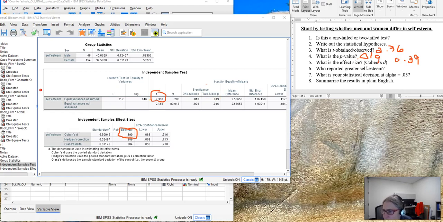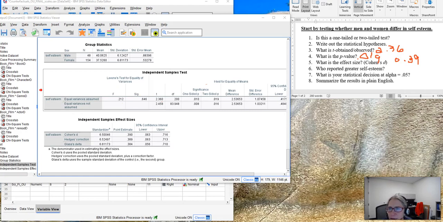Finally, what is your statistical decision at alpha equals 0.05? Here, because p is less than 0.05, we're going to reject the null hypothesis. Your statistical decision has two options. Either you reject the null hypothesis or you fail to reject. Here, because p is less than 0.05, or less than alpha, we reject the null.